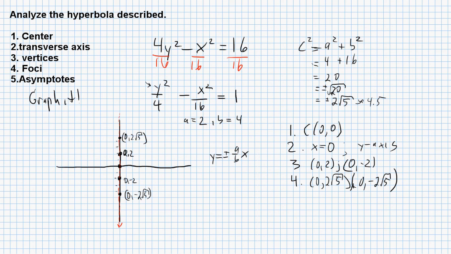Well, a is equal to 2 and b is equal to 4, so y is going to be equal to plus or minus 2 over 4 x, or y equal to plus or minus 1/2 x. Now that just means we'll go over 2 and up 1: 2 for the b, 1 for the a. Over 2, down 1 for the other asymptote.